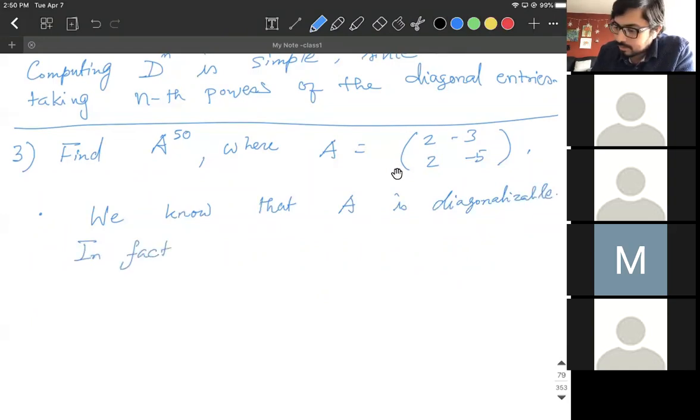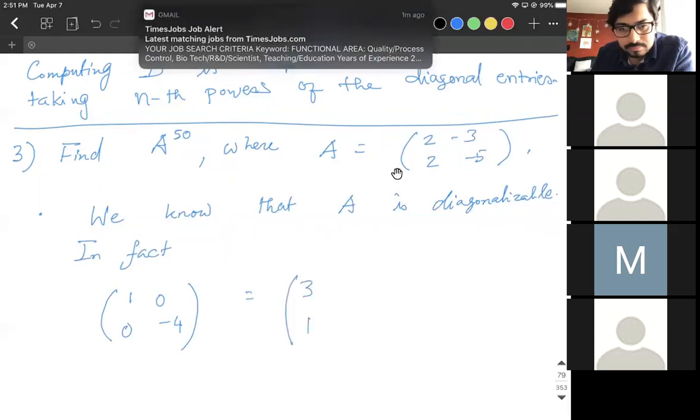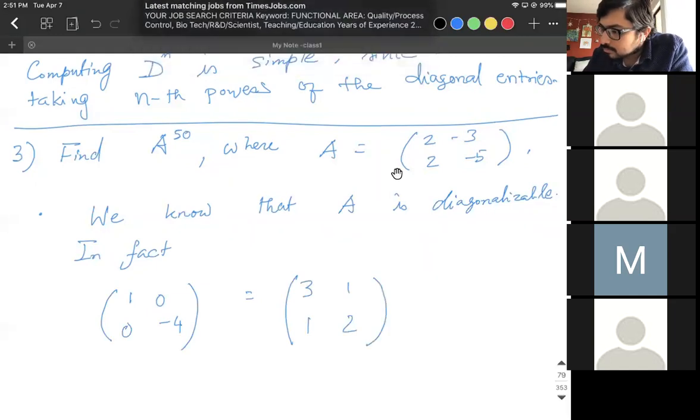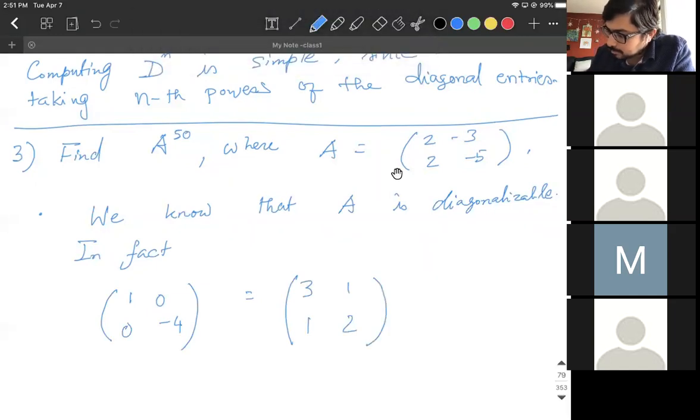In fact, we have that 1, minus 4, 0, 0, from the first problem, equals, I think, 3, 1, 1, 2 times A, or rather inverse.